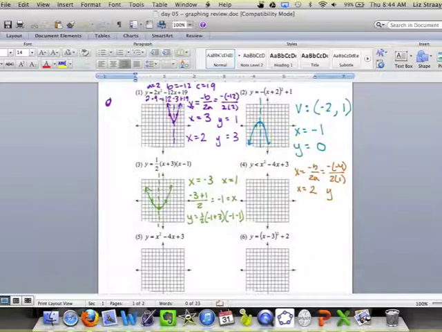Then we plug that in. And I get -1. My vertex is located at (2, -1). And that has our line of symmetry.